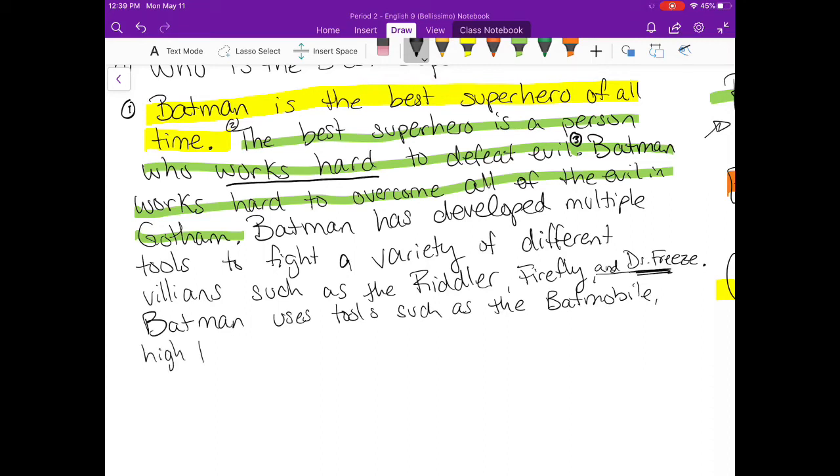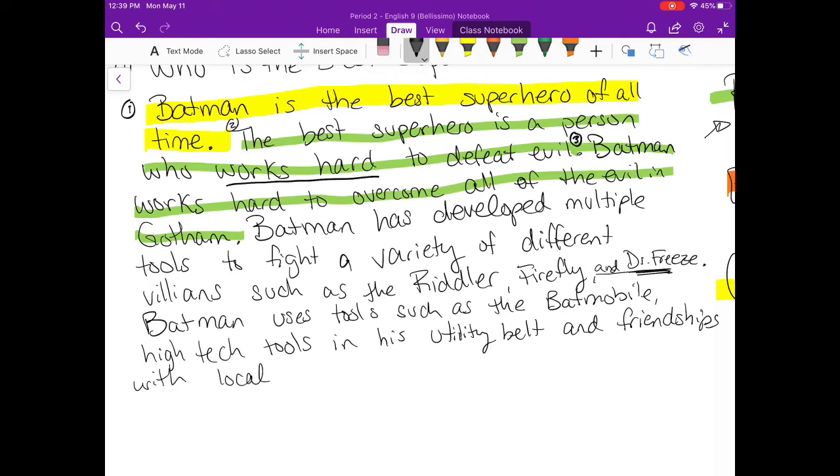High-tech tools in his utility belt, and friendships with local police departments to fight crime. Okay, so there's an example.